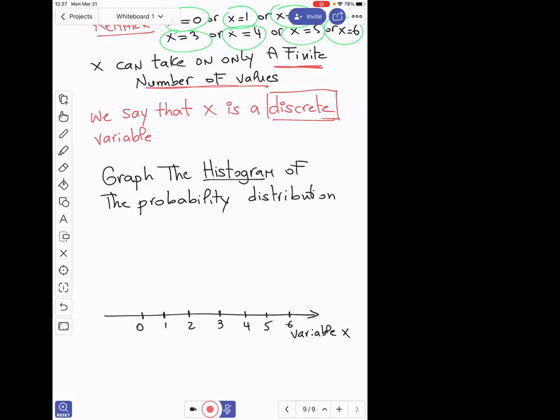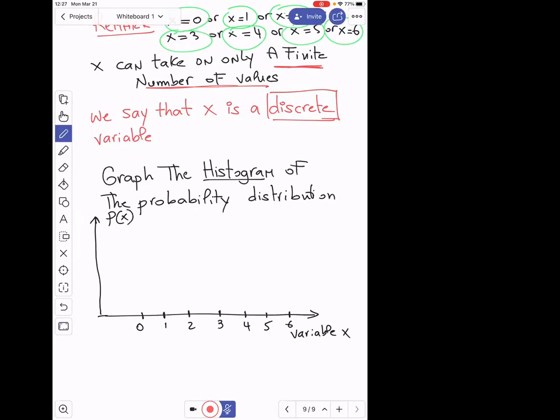Those are the possible values of x from 0 to 6. And then on the vertical axis, we're going to have the probability of x. So that's p of x.